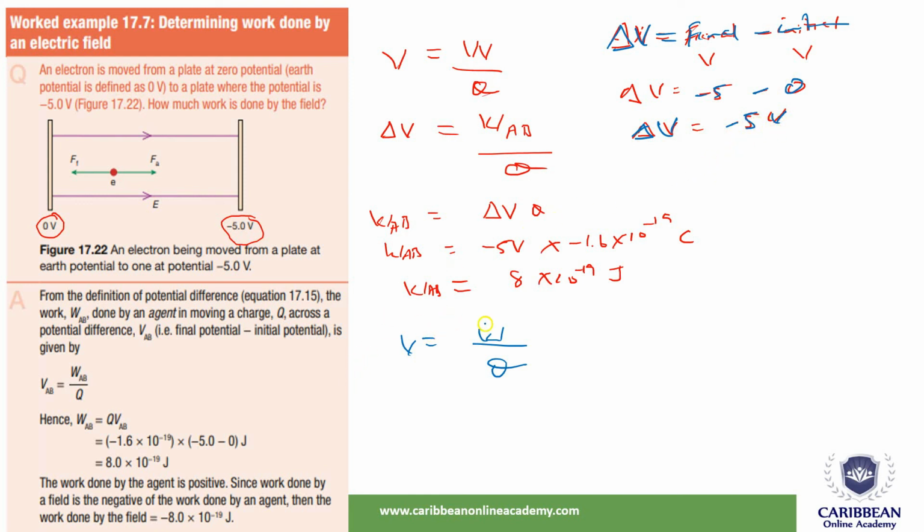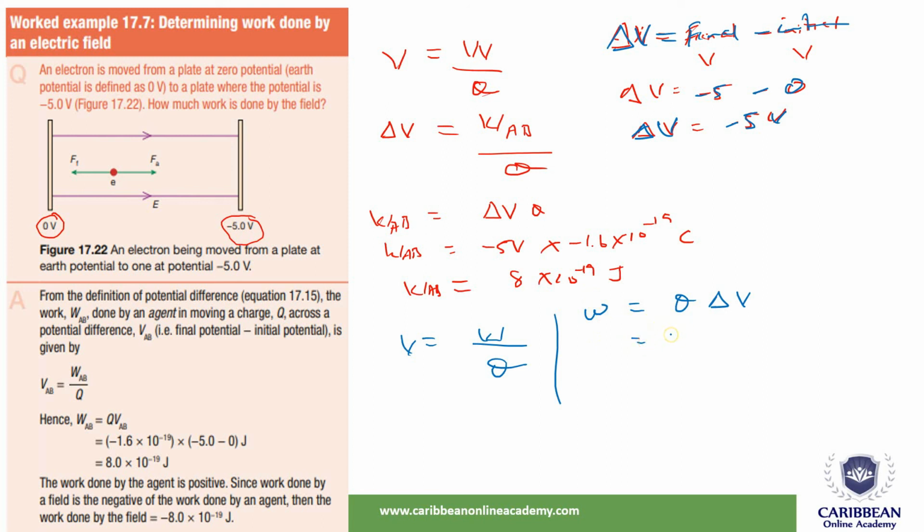So in our calculation, if we transpose to make work the subject, then work is equal to Q times the change in potential, which is the potential difference. Good. Now, with that being said, we can actually find the work.